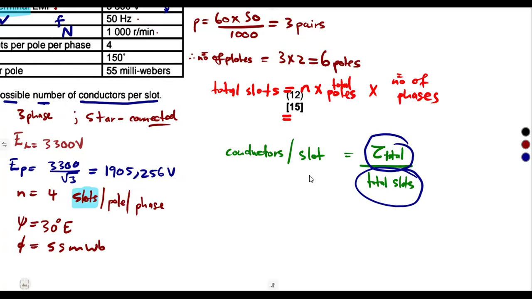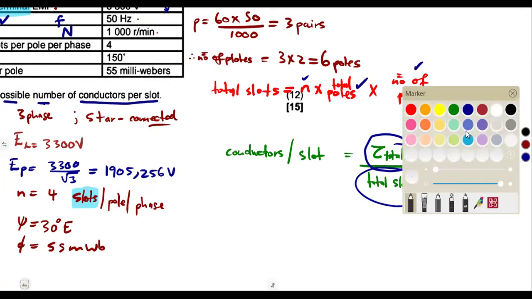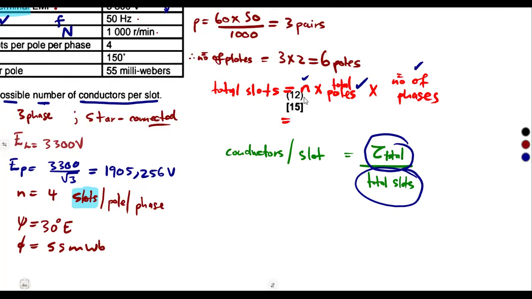So for our n, before we substitute, do we have the total poles? This is the one that we calculated from the speed and frequency. So you see the importance of this part, guys. The number of phases is already given. So everything is there. You substitute our n, the number of slots per pole per phase, which is 4.